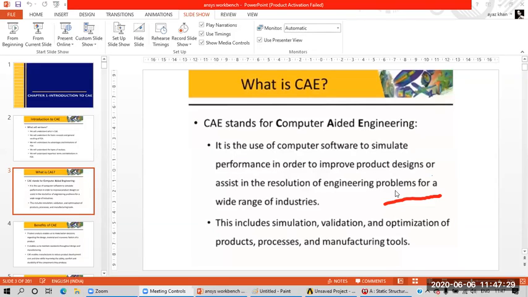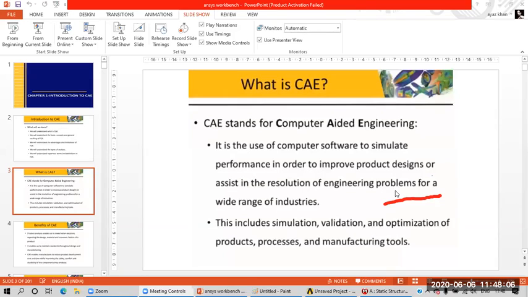Let's suppose you have a piston and you want to analyze the stresses that the piston will go through. Or let's suppose you have a structural mechanism, an almirah, a bookshelf in your house, and that bookshelf is going through a constant load of books that you have put there.